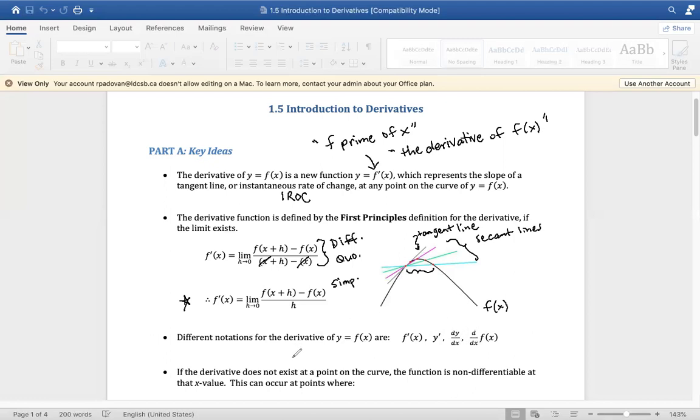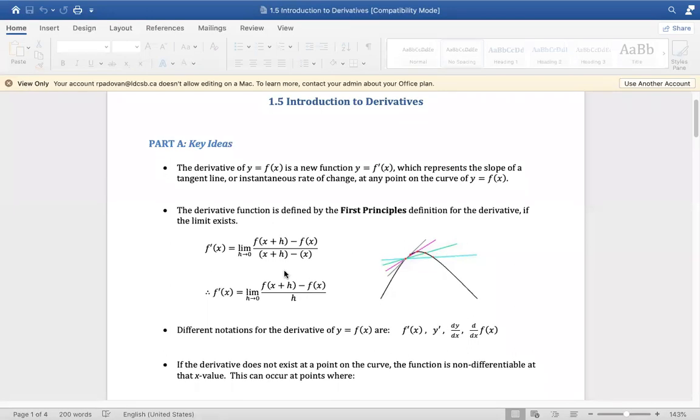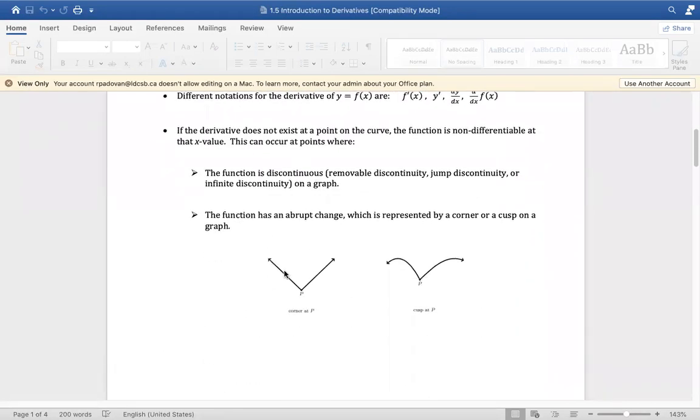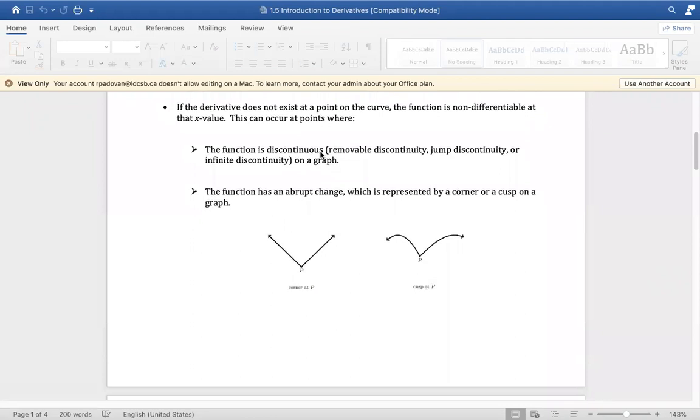If the derivative does not exist at a point on the curve, then the function is non-differentiable at that x value, at that exact value. That means I can't find the derivative. And this can occur when these two cases occur.